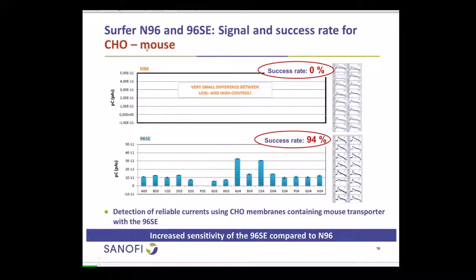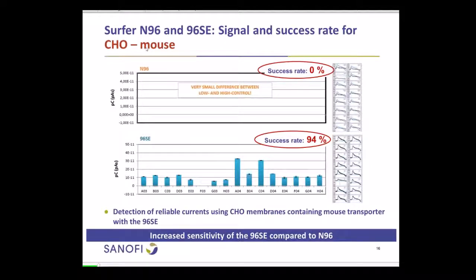We know from another project that there are sometimes differences in the block between different species. So we want to check if the compounds are also active on the mouse transporter.